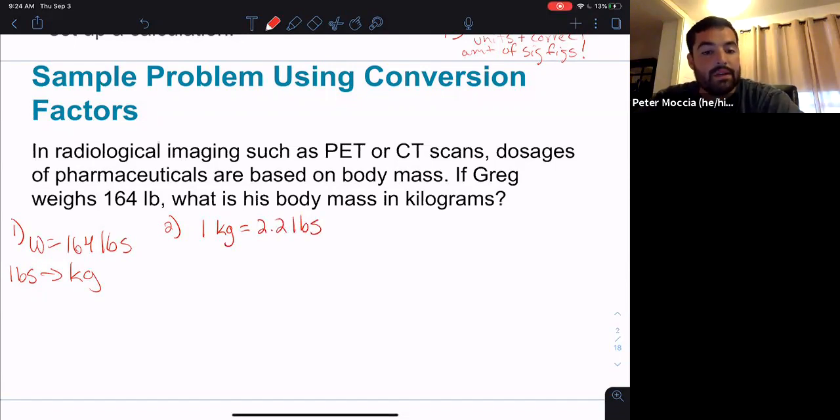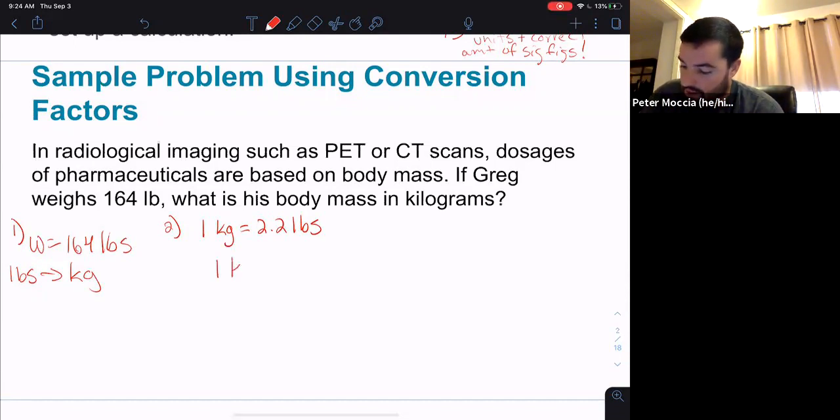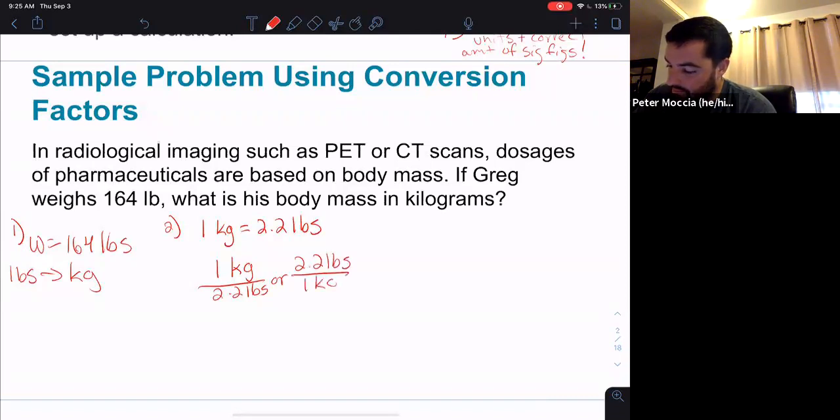Okay. Now, the next thing we're going to do is figure out where to put what. Okay. So we know that 1 kilogram is equal to 2.2 pounds. We can also write that as 1 kilogram over 2.2 pounds, or we can write the conversion factor as 2.2 pounds over 1 kilogram.